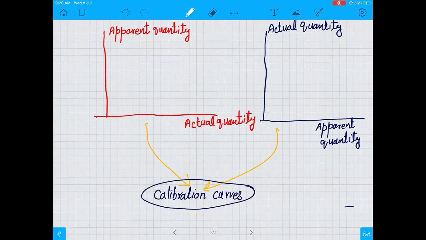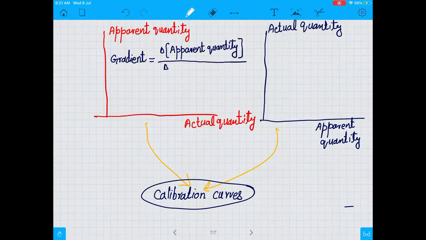One thing, what would be the gradient of this graph? The gradient of this graph will be equal to the change of apparent quantity over the change of actual quantity.